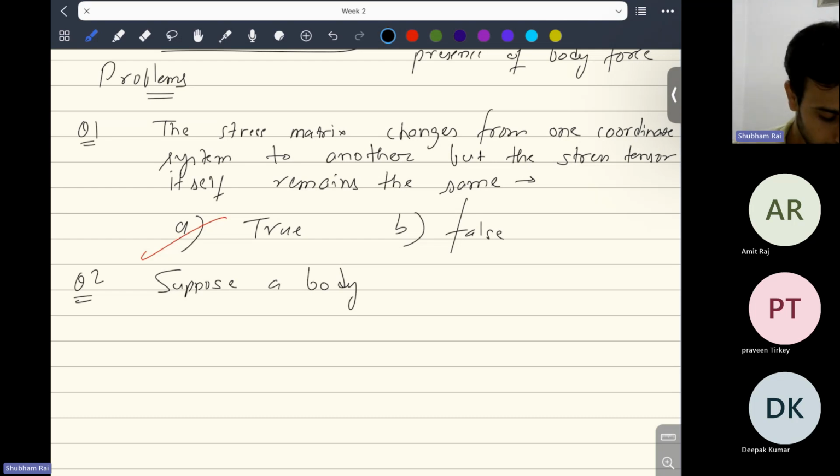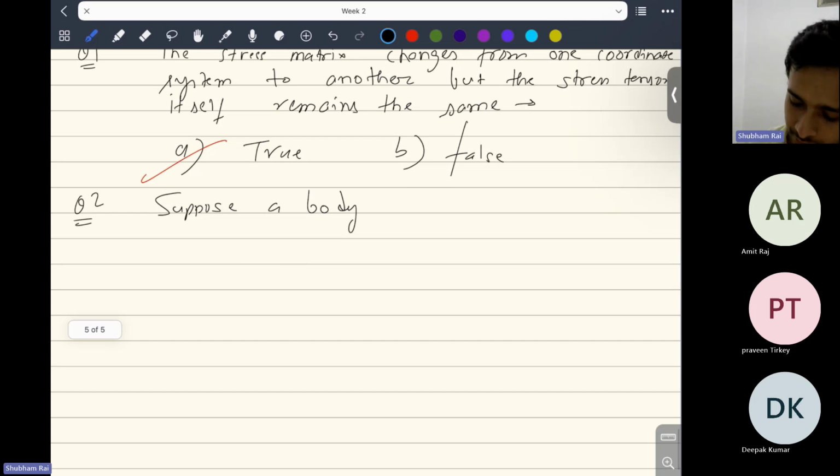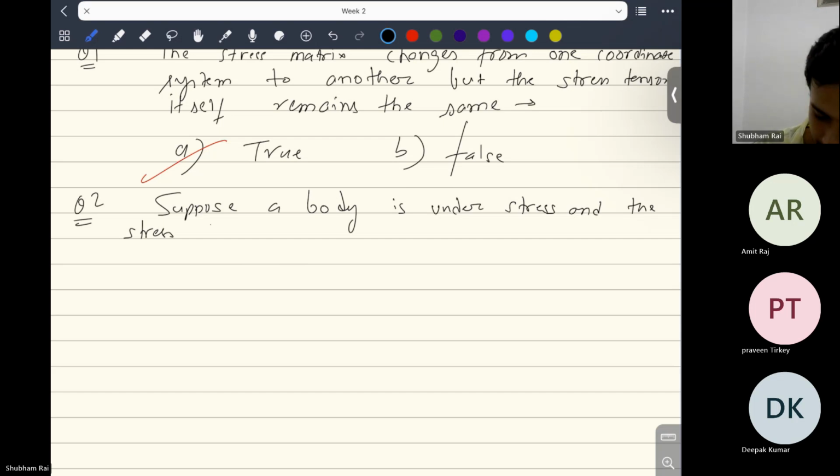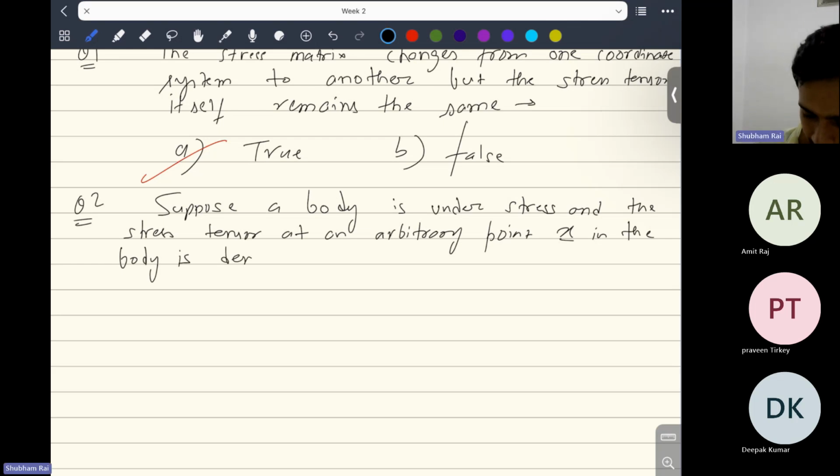So the representation of the stress matrix is going to change, but the tensor in the space is going to be the same. So suppose a body is under stress and the stress tensor at an arbitrary point x in the body is denoted by sigma.